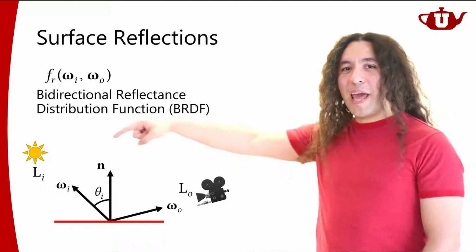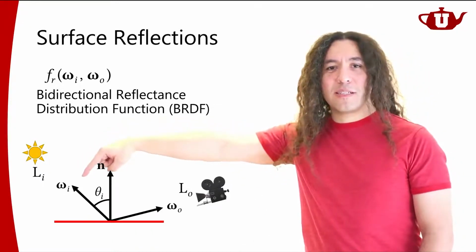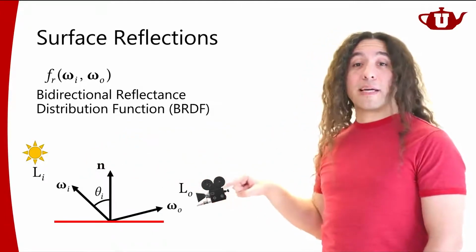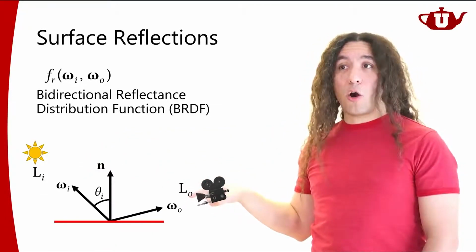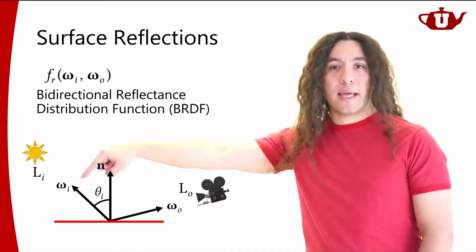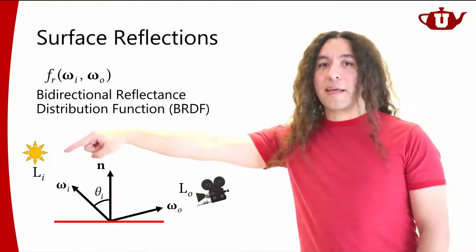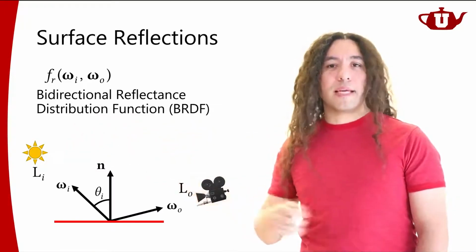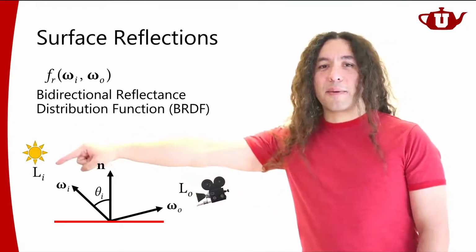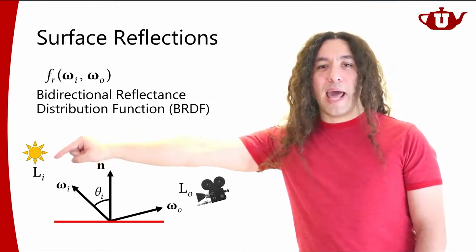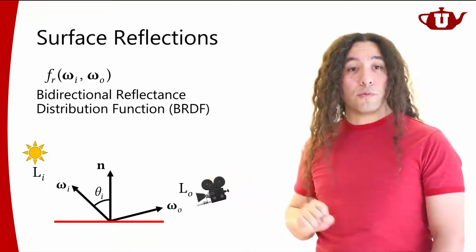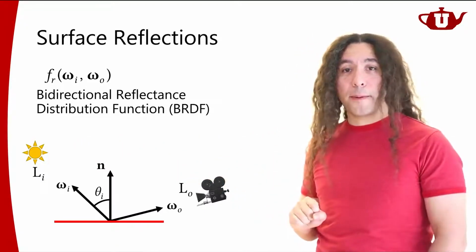So now we have the incoming light direction represented as omega i, and the outgoing light direction represented as omega o. So this is for outgoing light, this is incoming light. And the incoming light, the magnitude of the intensity, radiance if you want to be more specific, is represented as Li, and the outgoing light is represented as Lo. Okay?